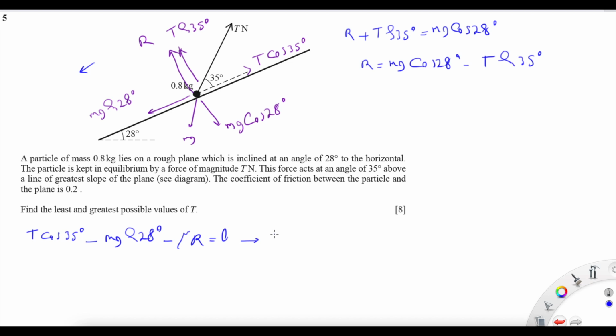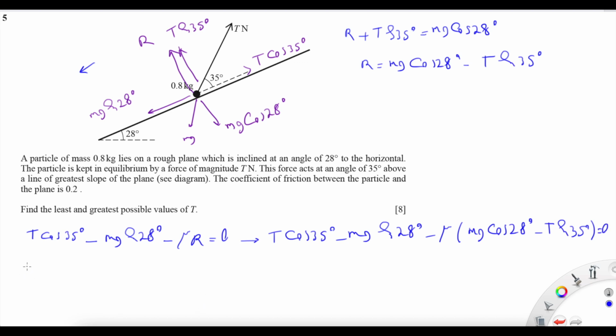So I replace here, it will be T cosine 35 degrees minus mg sine 28 degrees minus mu times mg cosine of 28 minus T sine 35 degrees is equal to 0.